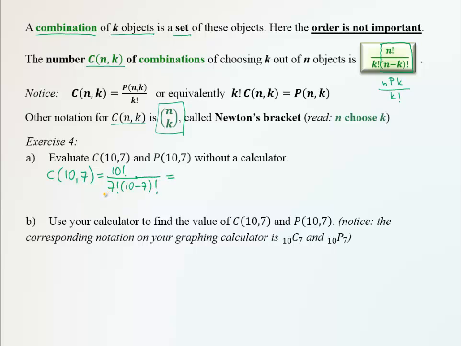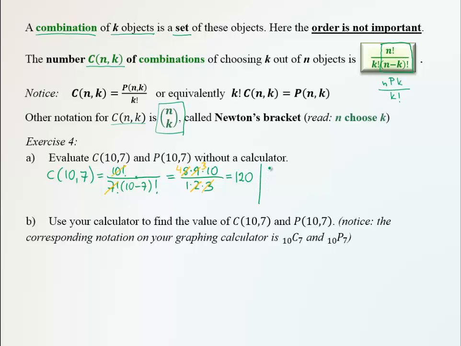If we reduce the 7 factorial with 10 factorial, what's left is 8 times 9 times 10 in the numerator, and over here we have 3 factorial, which is 1 times 2 times 3. Now we can reduce the 3 with the 9 and the 2 with the 8, for example, and we end up with 120 ways. So 120 combinations of 7 objects out of 10.